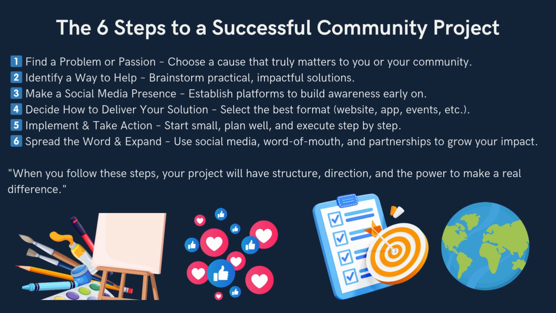This is really critical since you're able to impact a lot of people and gain a lot of traction off social media itself. Next, decide how to deliver your solution: website, app, event, etc. And fifth is implementing and taking action. Starting small, planning well, and executing everything step by step is important. And six is to spread the word and expand, using social media, word of mouth, and partnerships to grow your impact as well.